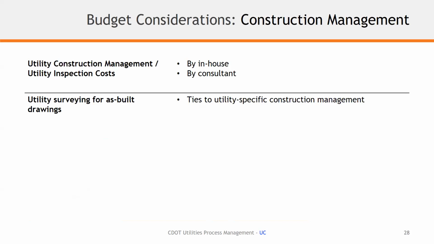Again, just to make sure there are placeholders for construction management, utility inspection costs, whether it's going to be done by in-house or CDOT supported staff or by consultant staff that has the ability to inspect the utilities during early relocations, and then also, again, surveying, whether it's independent or whether it ties to the project phase, has the ability to survey the as-constructed locations and develop as-built plans for the agency.